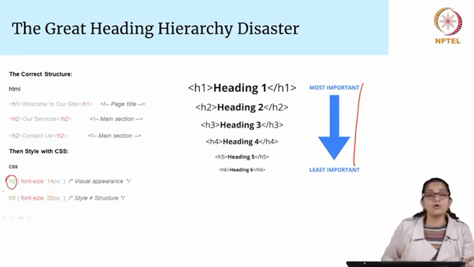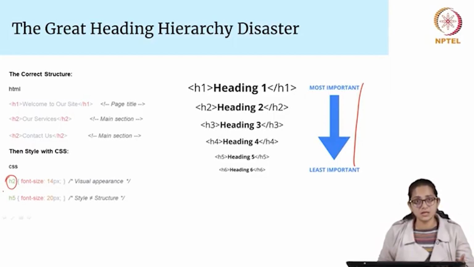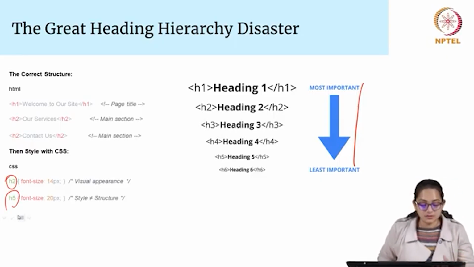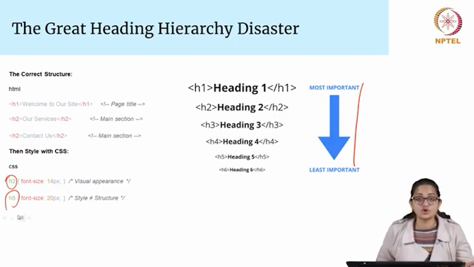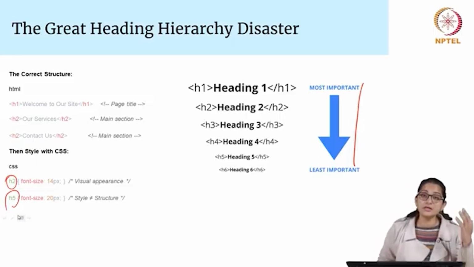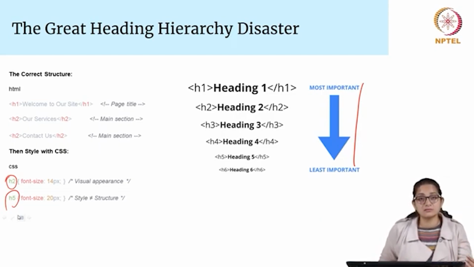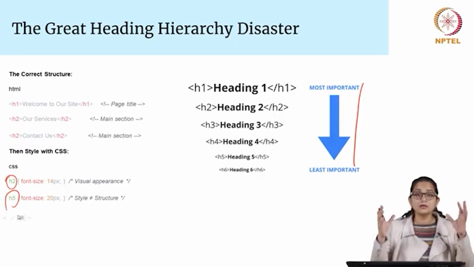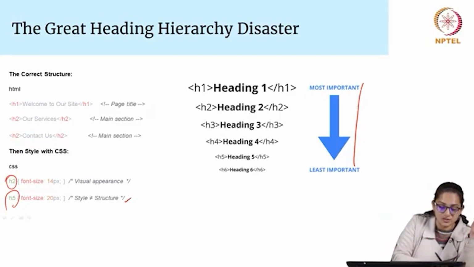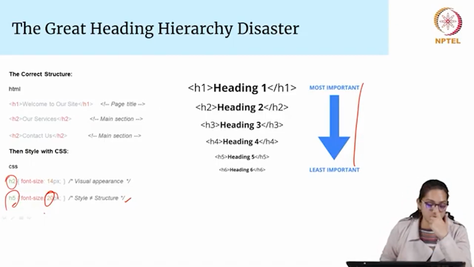There may be some default number which is associated with H2, which you can define in your CSS style sheet, right? H5, here we are saying font size. Style is not the same as structure, right? So here I can also define H5 as a bigger font, but because the semantic meaning of that heading is in terms of the subheading of something, always use H5. It can be 20px also, right? Depends on your visual requirement.